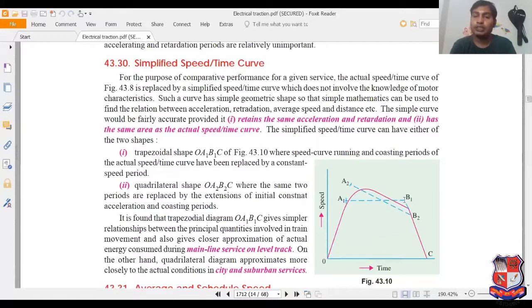So the distance calculated by this simplified graph will be almost the same as the distance calculated with the help of the original graph.